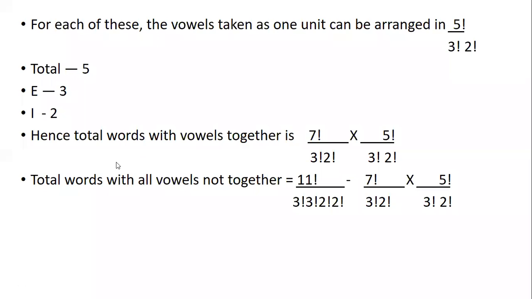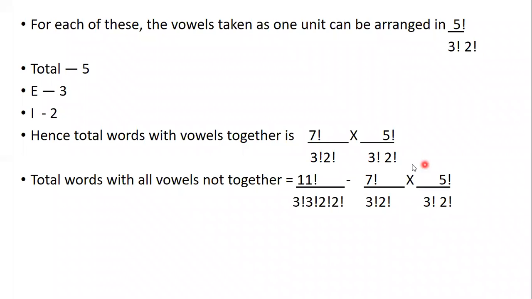Now coming to the final answer. The final answer is the total words with all the vowels not together. This is the total arrangement, 11 factorial by 3 factorial, 3 factorial, 2 factorial, 2 factorial, minus the arrangements where vowels are together.